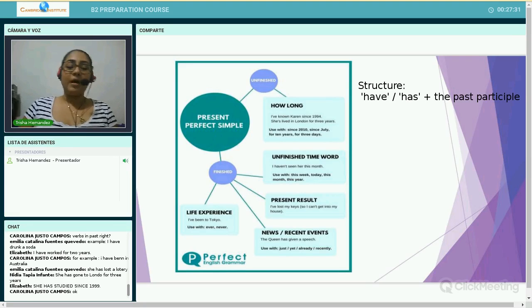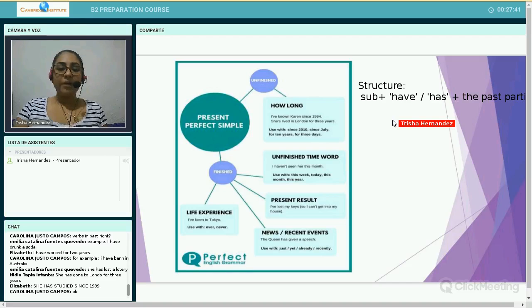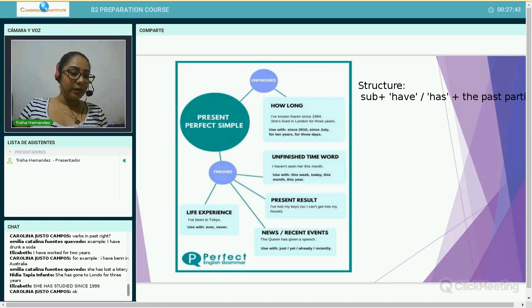Sorry, you have to add the subject. Subject plus have or has. When are we going to use have and when are we going to use has?